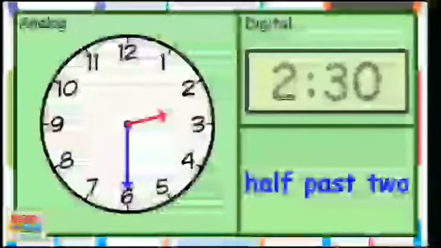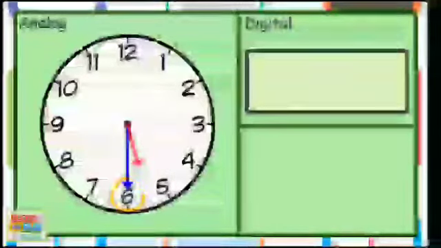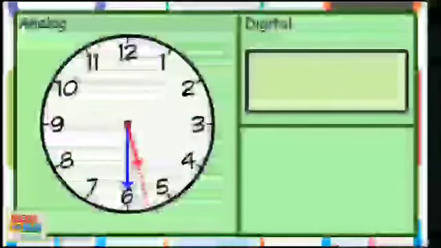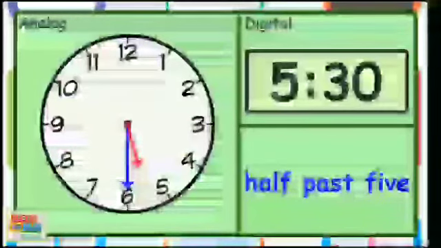Half past 2 or 2:30. Half past 5 or 5:30.